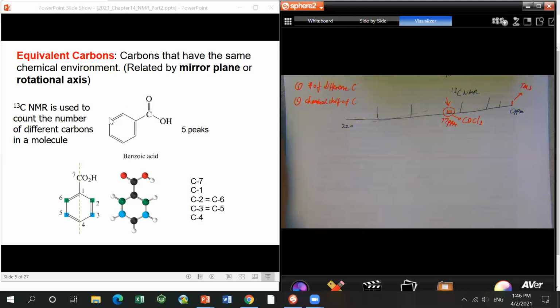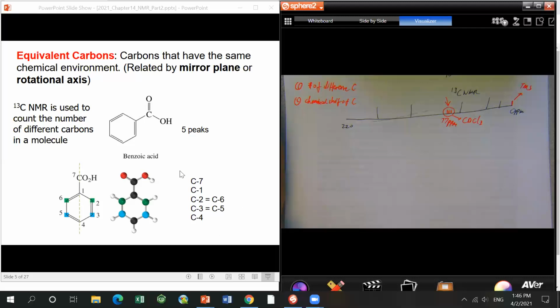It's benzoic acid. Benzoic acid has 7 carbons, but it only shows 5 signals. Why is that? Because a symmetry plane and rotation axis cut through this molecule, so carbons 2 and 6 are related by the symmetry, and also 3 and 5. So 3 and 5 show one signal, and 2 and 6 show one signal.